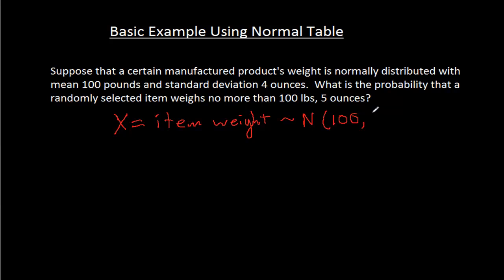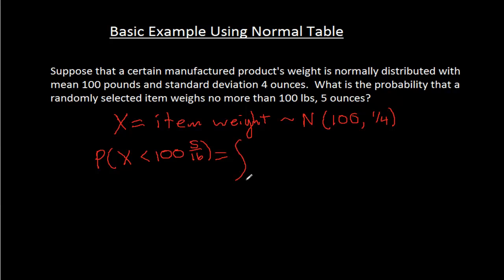It's 1/4 of a pound. So the standard deviation is going to be 1/4. And we want to know the probability that a randomly selected item weighs no more than 100 pounds 5 ounces. So that's going to be 100 and 5/16.